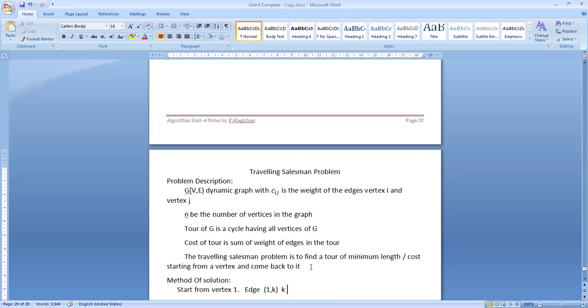Then from k, we visit all the remaining vertices exactly once and come back to vertex 1. That is what our plan is. Now, if we claim that this particular tour is minimum, then the path from vertex k to vertex 1 should be minimum.